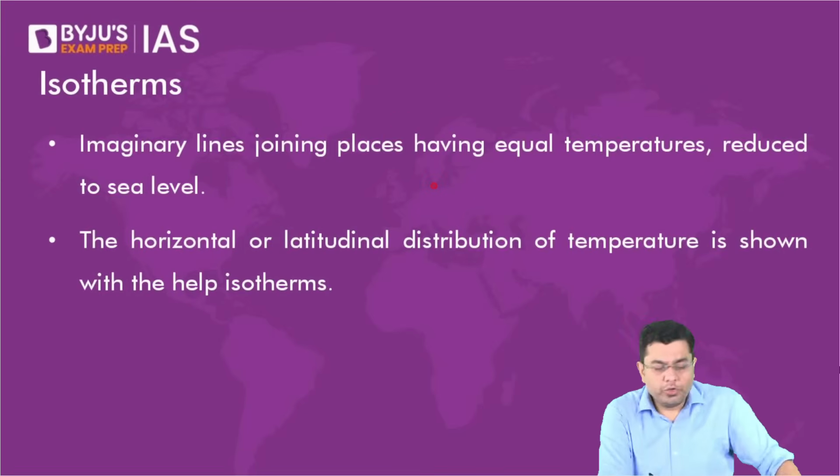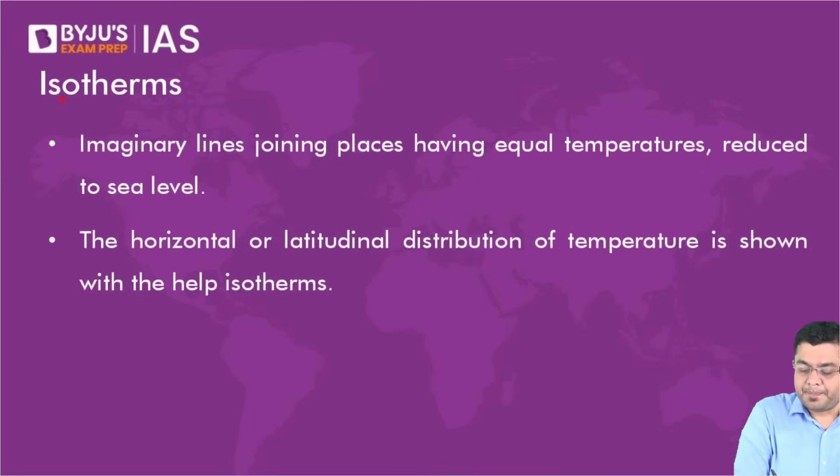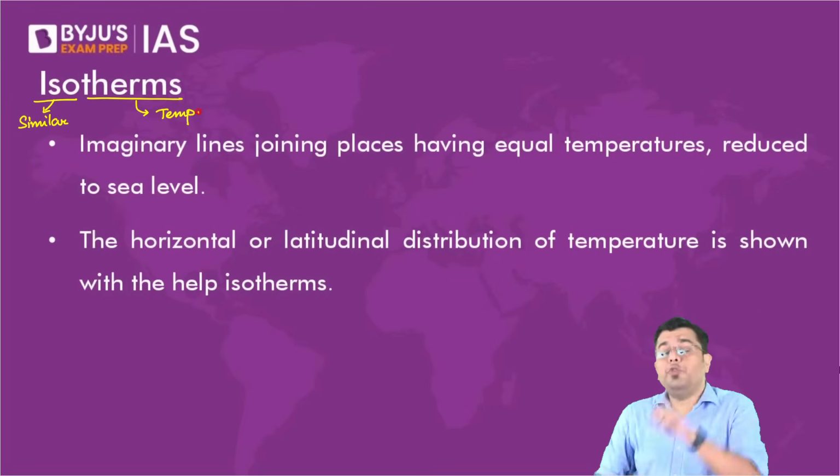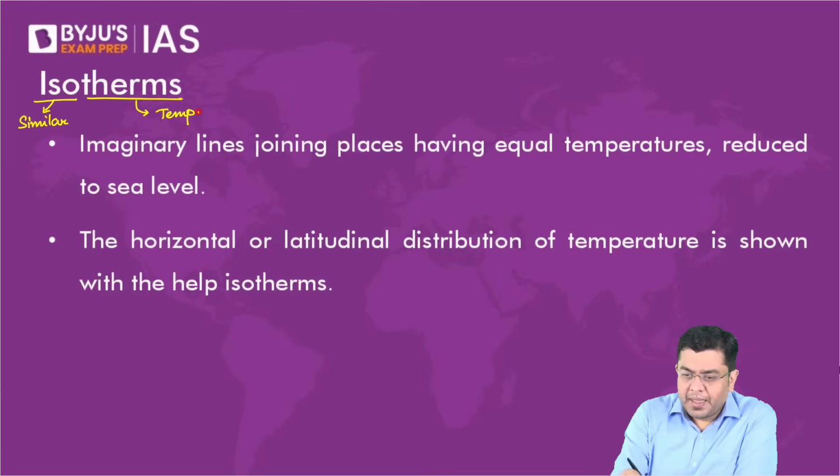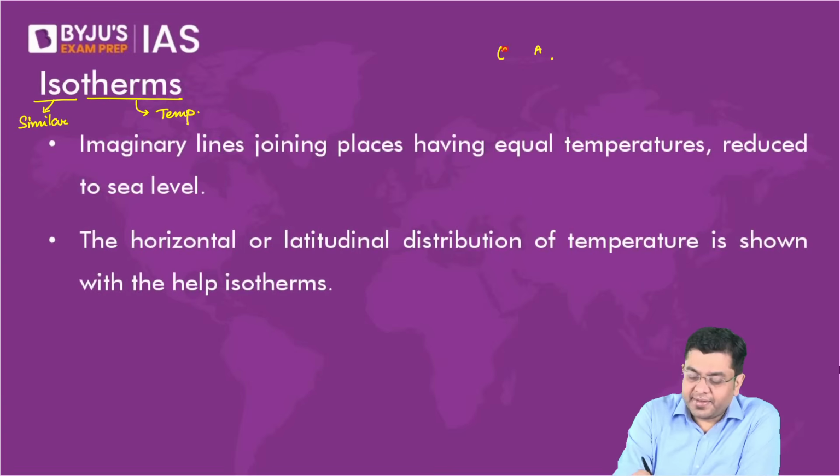So iso refers to something which is similar or equal. Therm here indicates temperature. So isotherms will always end up joining those places having the same temperature. So for example, here let's suppose I have A. Let's suppose A is experiencing 30 degrees Celsius.